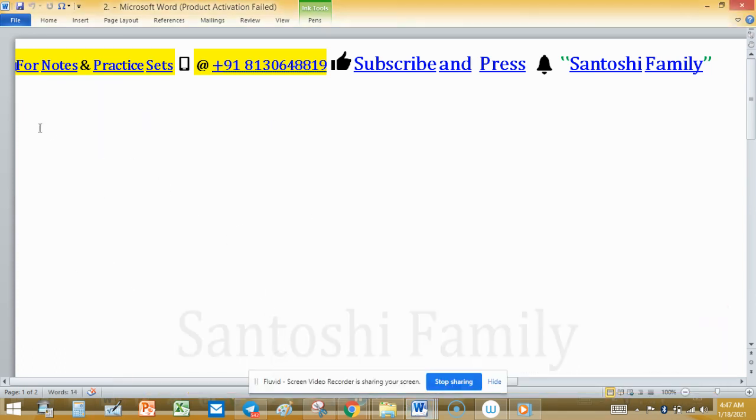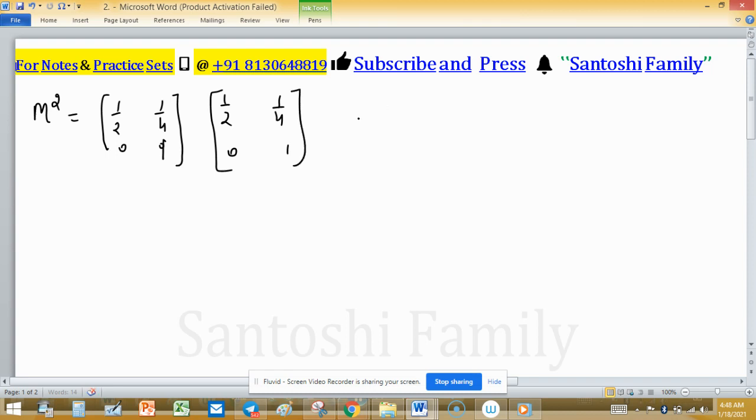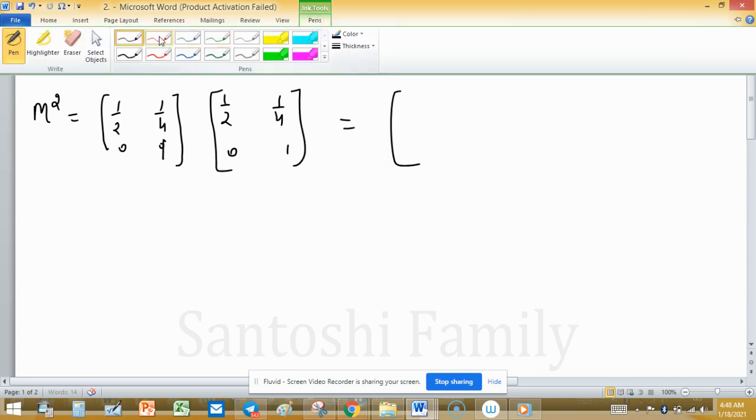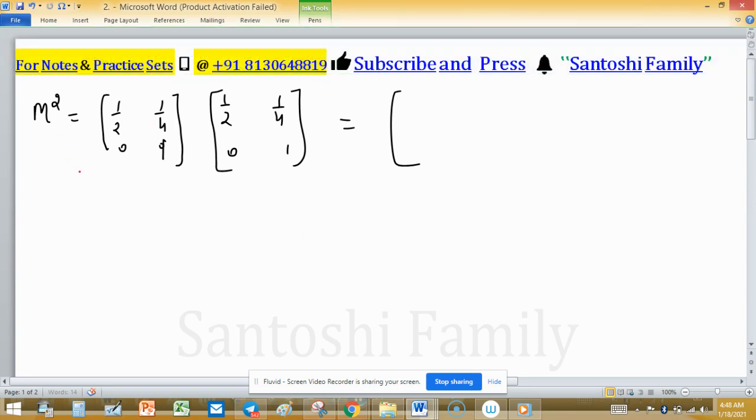As M is given to us, its integral power M squared will be 1/2, 1/4, 0, 1 times 1/2, 1/4, 0, 1. We need to take the product of the matrix with itself. First generalize the pattern of how we are getting the elements of the integral power.